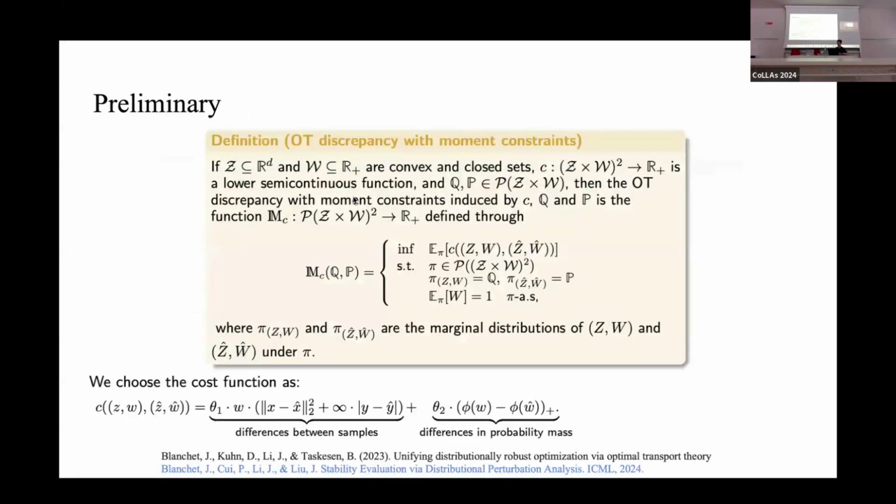And then we'd like to first introduce some preliminary definitions. That is called the OT discrepancy with moment constraints.